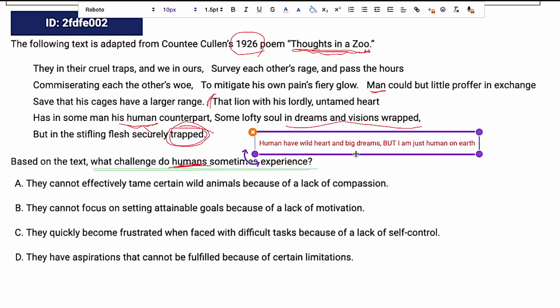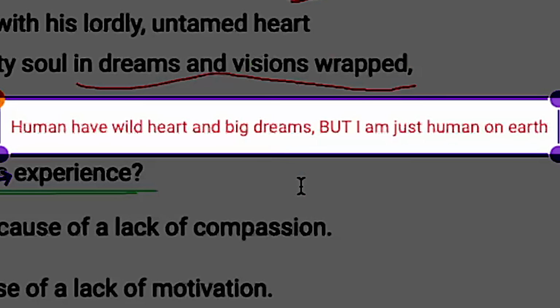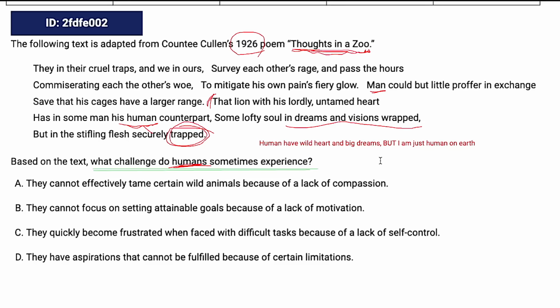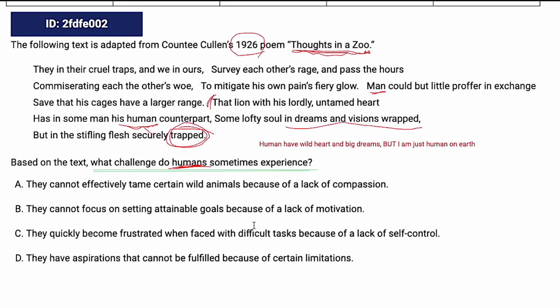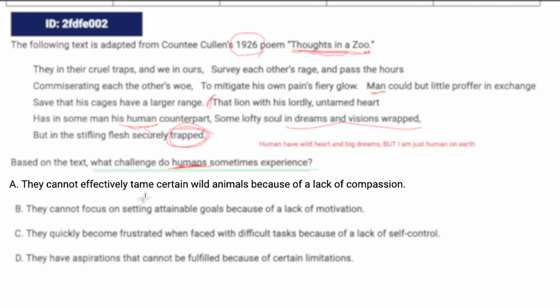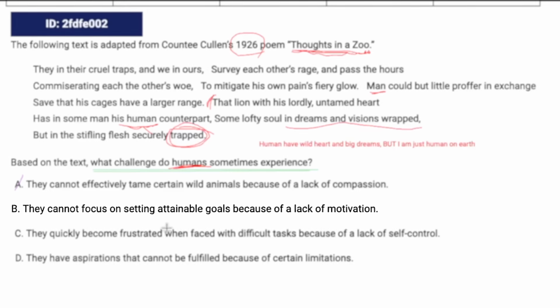This is the craziest caveman sentence. Human have wild heart and big dreams, but I am just human on earth. Maybe a sophisticated caveman. But yeah, caveman talk is not a bad language to aim for when you're trying to simplify stuff. So let's eliminate, knowing that the challenge is basically being human and having to deal with reality. Cannot effectively tame certain wild animals? No. Cannot focus on setting attainable goals because of a lack of motivation.